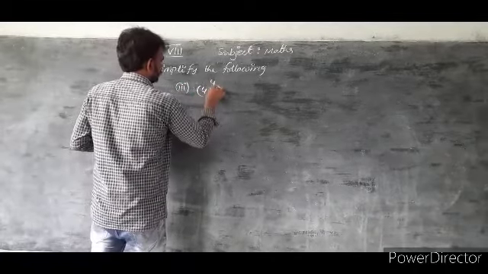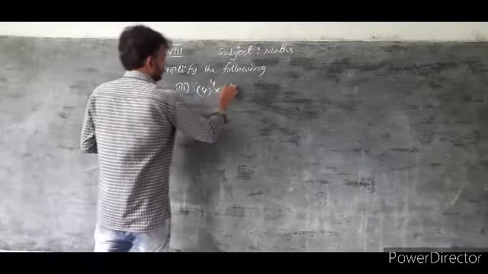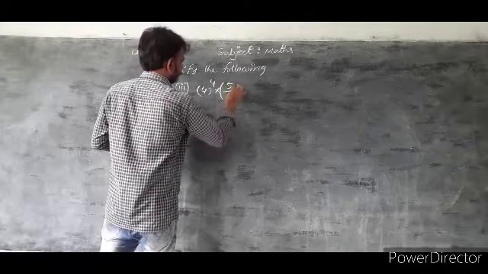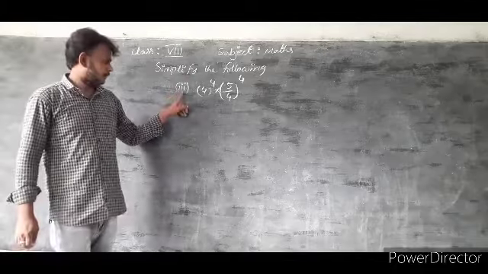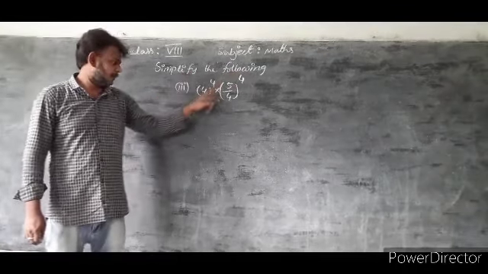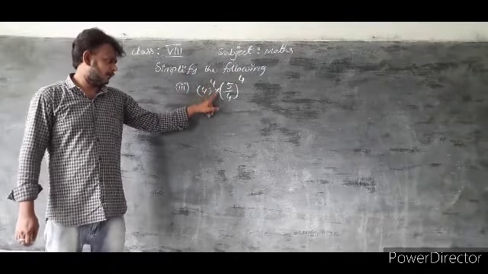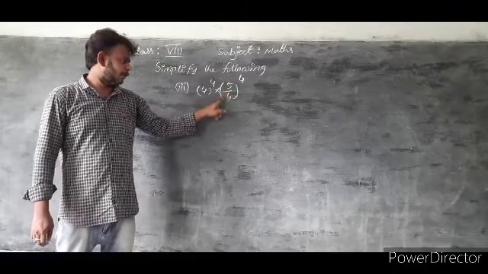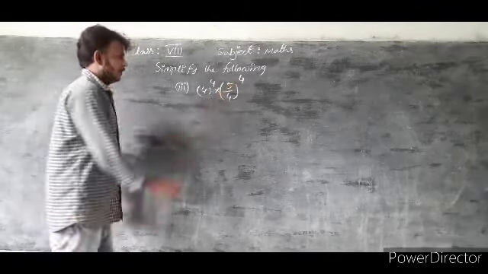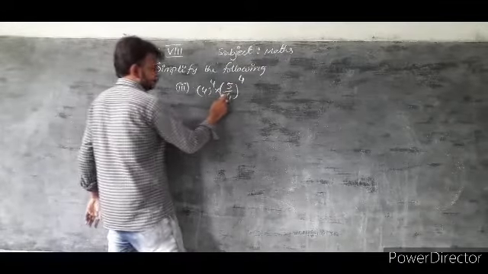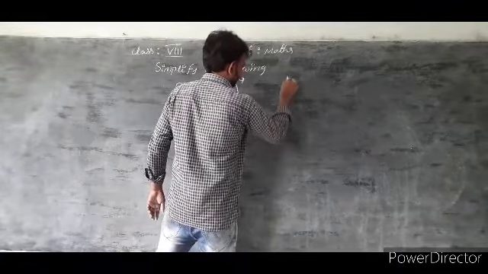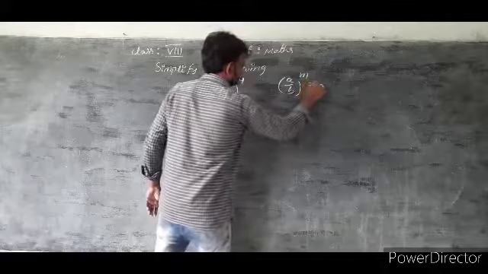4^4 × (5/4)^4. Now third problem, simplify the following: 4^4 into (5/4)^4. So (5/4)^4 is in the form of (a/b)^m.